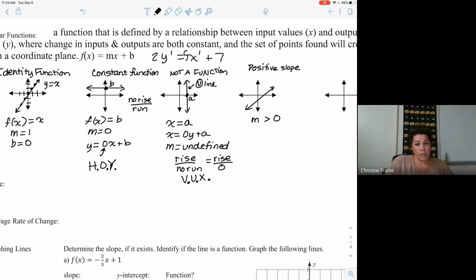Your slope is greater than 0. And there's a positive correlation. I'm just going to put a plus sign, a positive correlation between your x and y values.